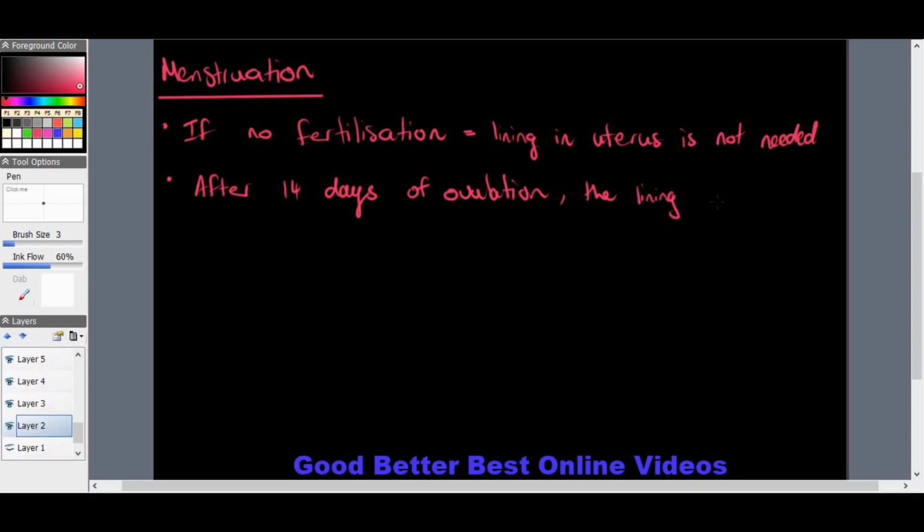All the vessels and the glands and the lining start to break away. The useless vessels, glands and dead cells pass out of the woman's body.